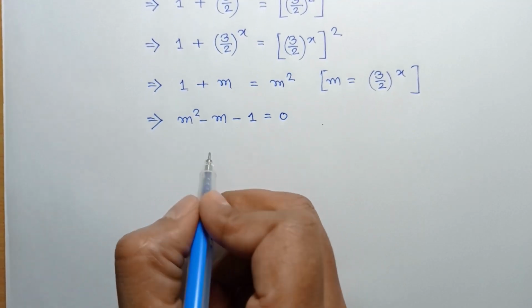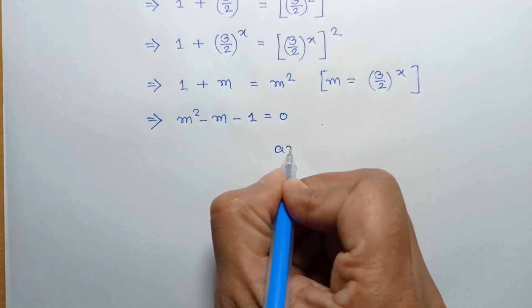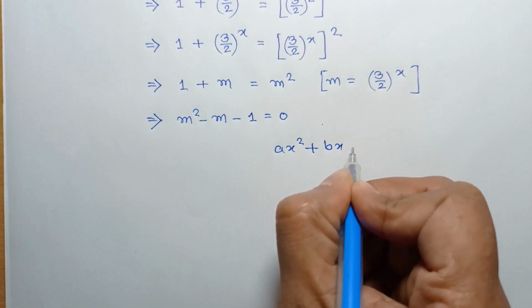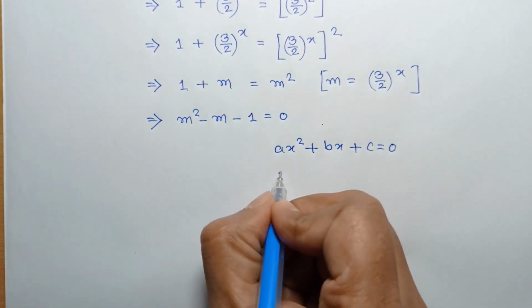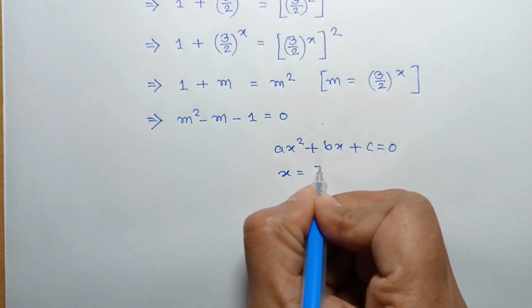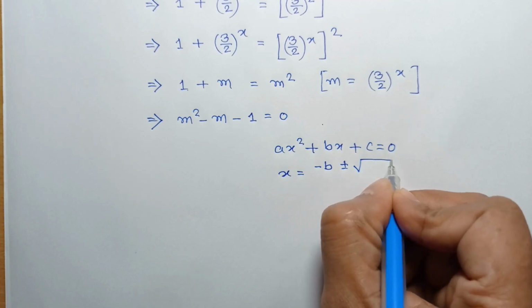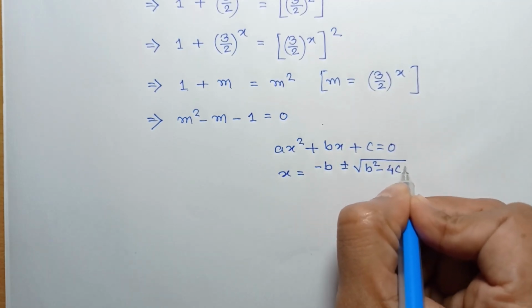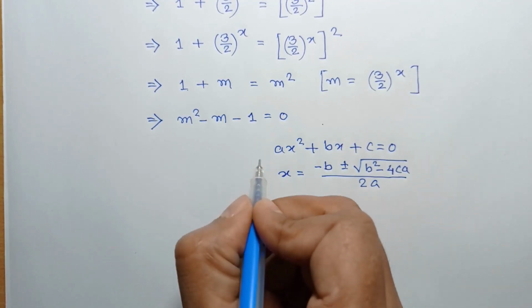This is a quadratic equation. The general solution of ax square plus bx plus c is equal to 0 is x is equal to negative b plus or minus square root of b square minus 4ac over twice a.